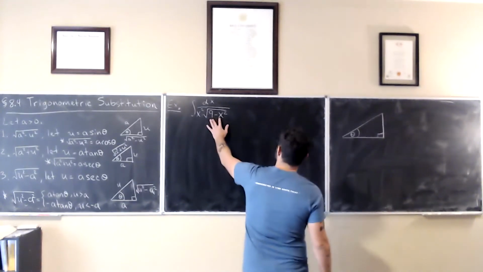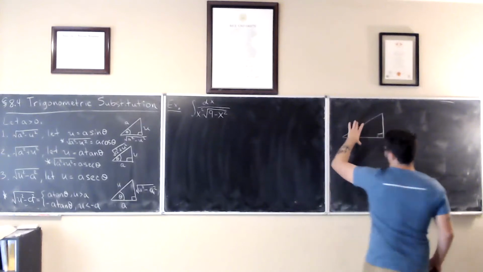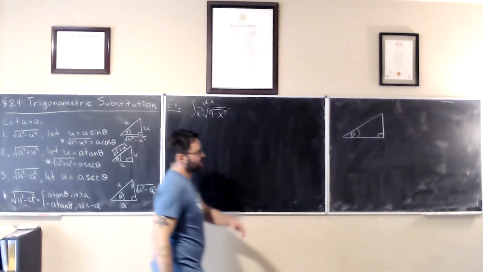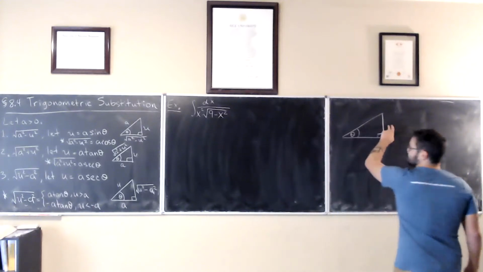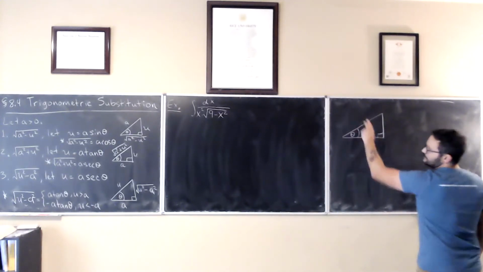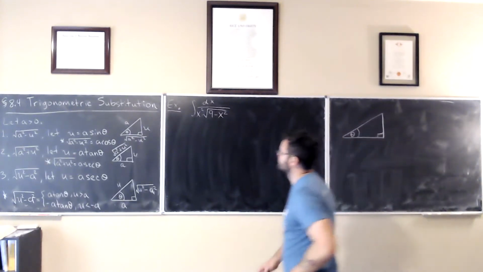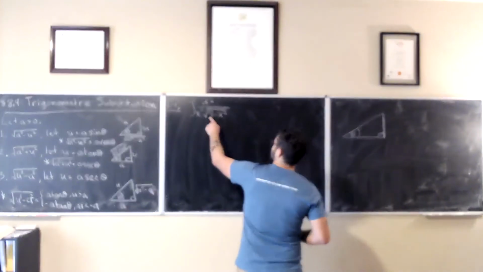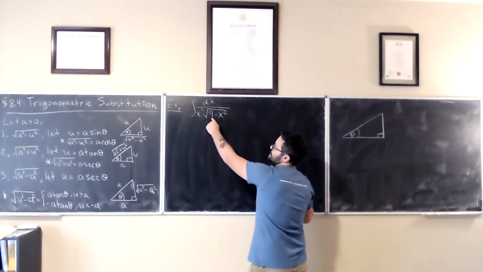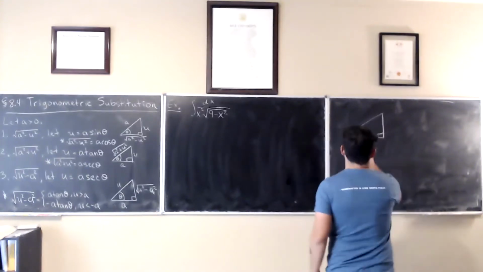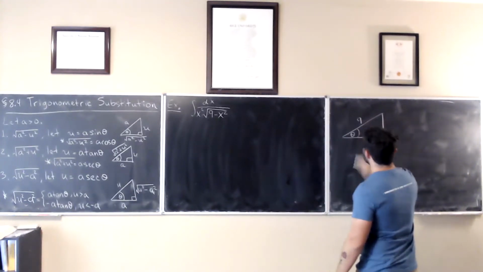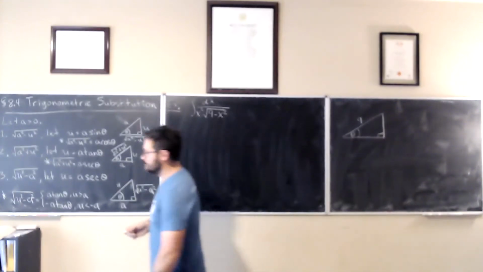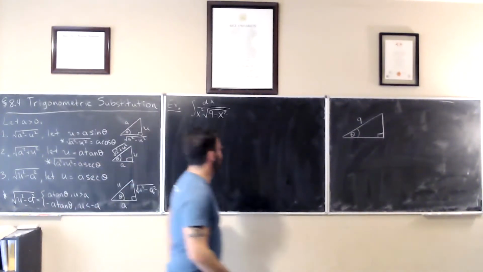Now, which side would make sense for this radical to be on? This squared plus this squared is equal to that squared, so that looks like it could be the hypotenuse of the triangle. And one of the other sides is going to be x squared.